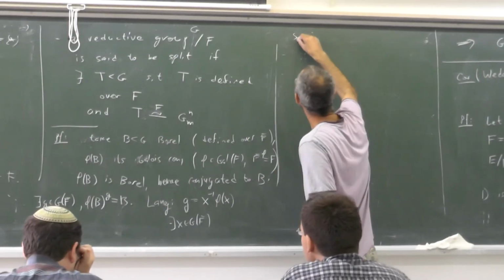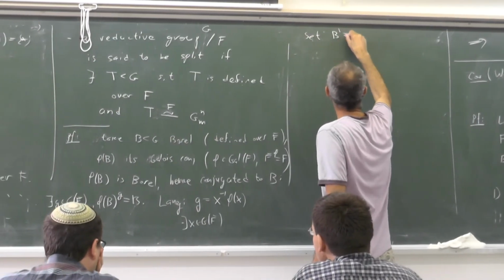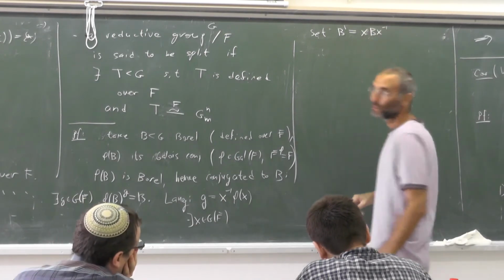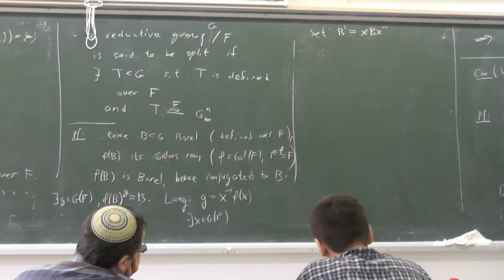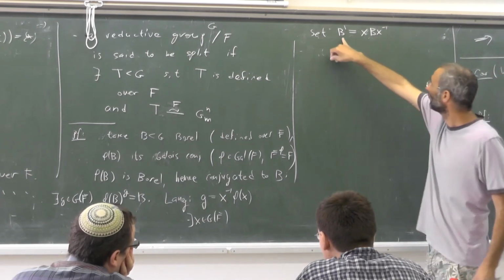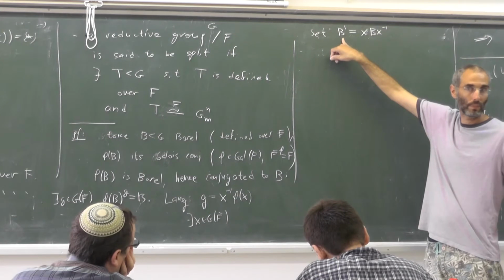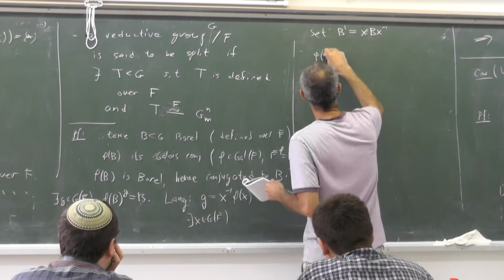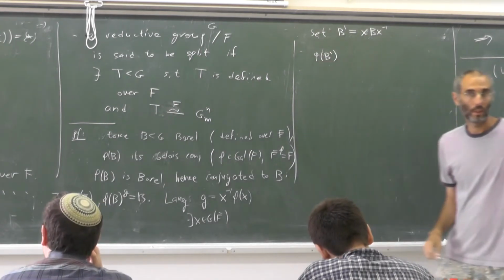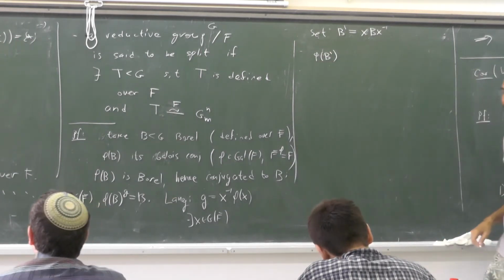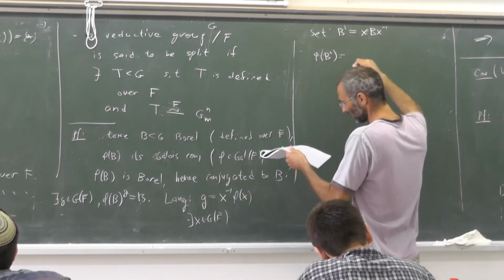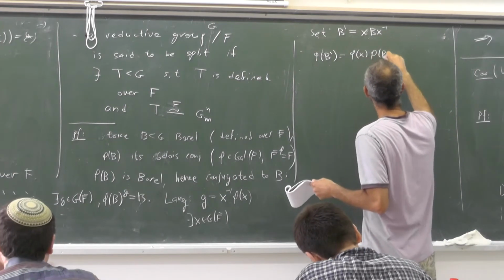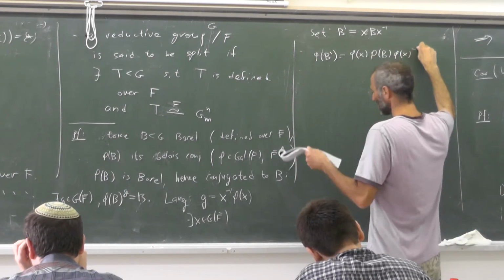And I will take B prime to be that conjugation of B. I claim that this will be my F-defined one. So let's try to understand what is phi of B prime. So this is phi of x, phi of B, phi of x inverse.